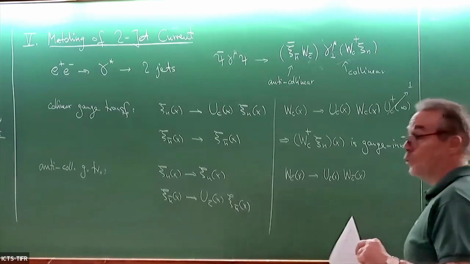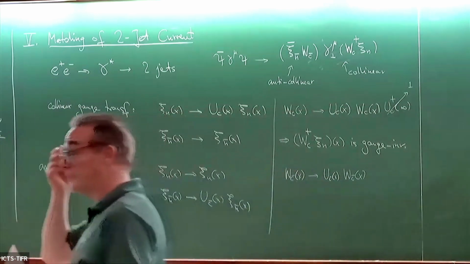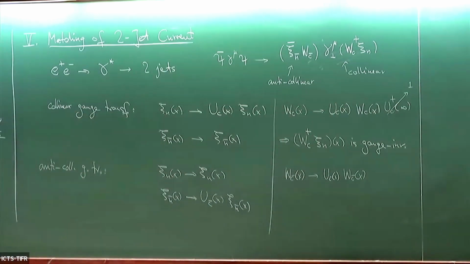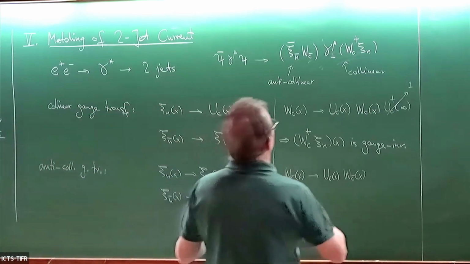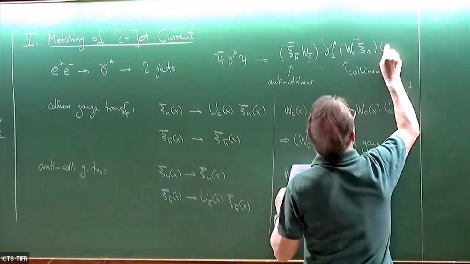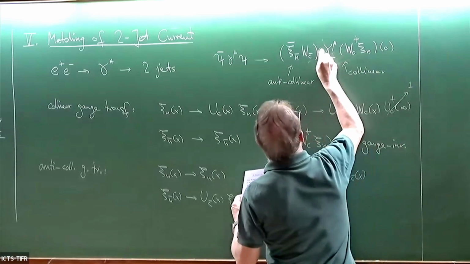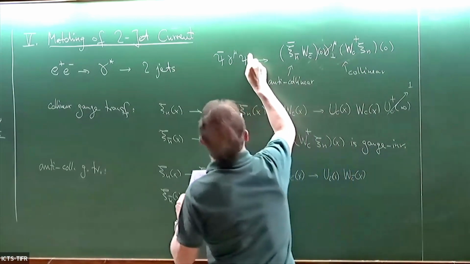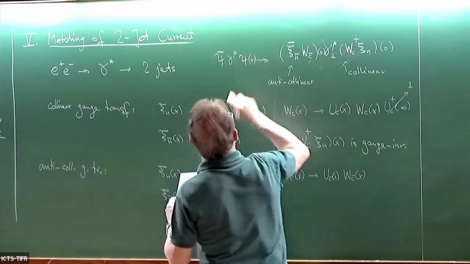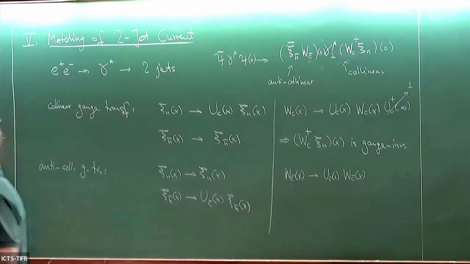There are also ultra-soft gauge transformations, and they're also discussed in the reading assignment. Let me just tell you that if I evaluate these fields at 0, so if I study this operator at 0, and for one external current, I can always do that. I can always call the space-time point where my weak interaction happens the origin.